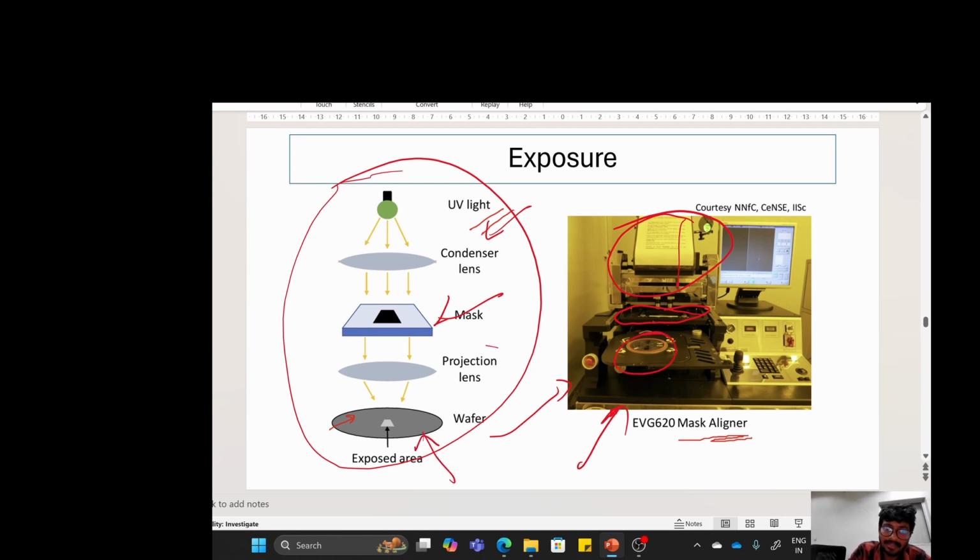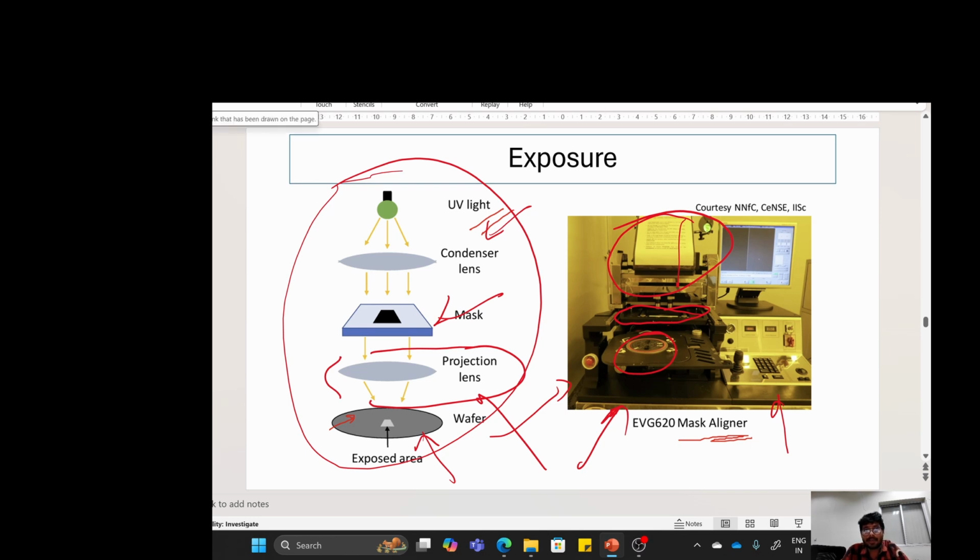This is contact or proximity lithography. Contactless lithography comes with projection lenses. In this one you can get feature sizes of up to 2 microns, but in projection lithography you can go beyond that, to smaller sizes.